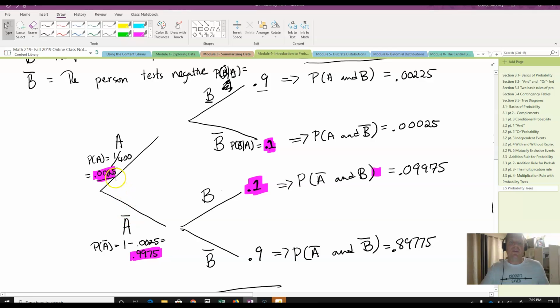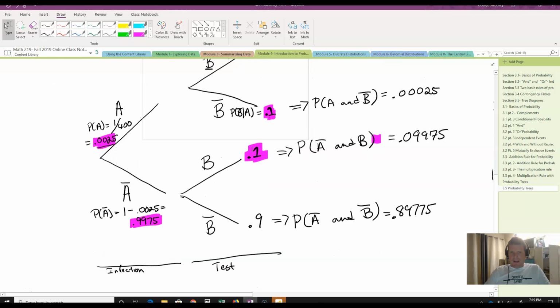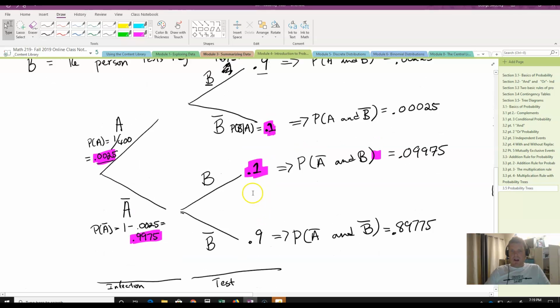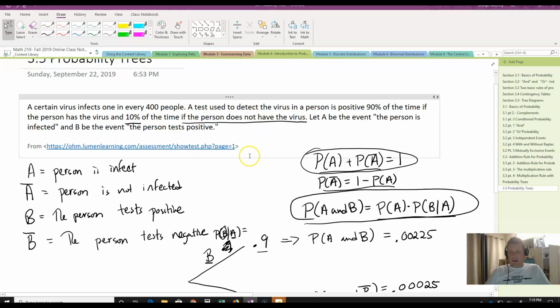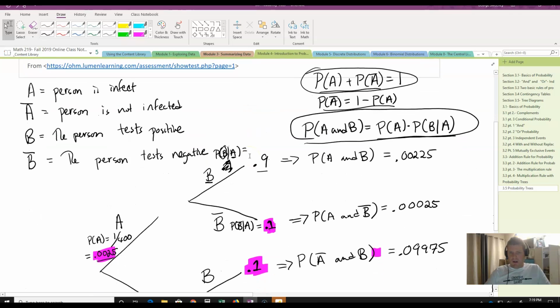Then I figured out my probabilities, first for A and not A, that is, has the virus and does not have the virus, and those add up to 1. Then I figured out my conditional probabilities. That is, somebody tests positive and they have the virus, which we were told was 0.9. Then 1 minus that 0.9 gives me the probability of B complement given A. I did the same thing for the bottom ones as well, utilizing the information that's sitting right here, the probabilities that we already know.